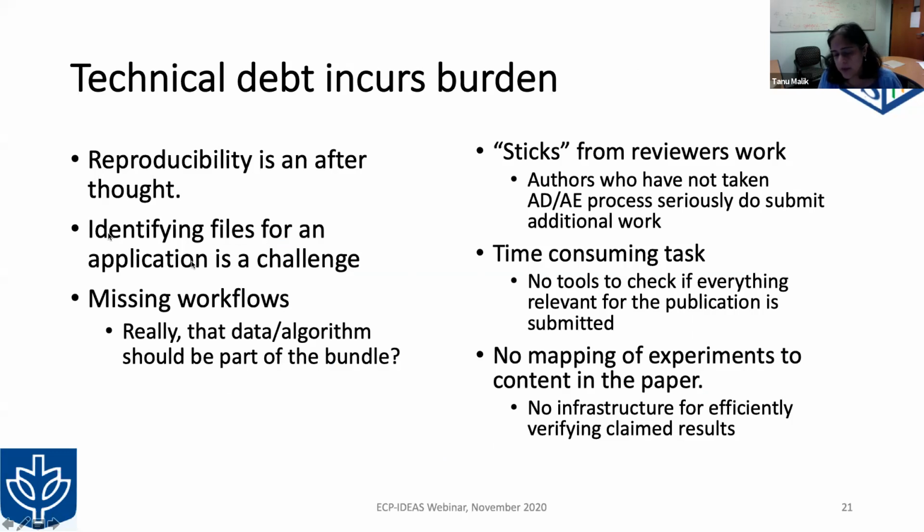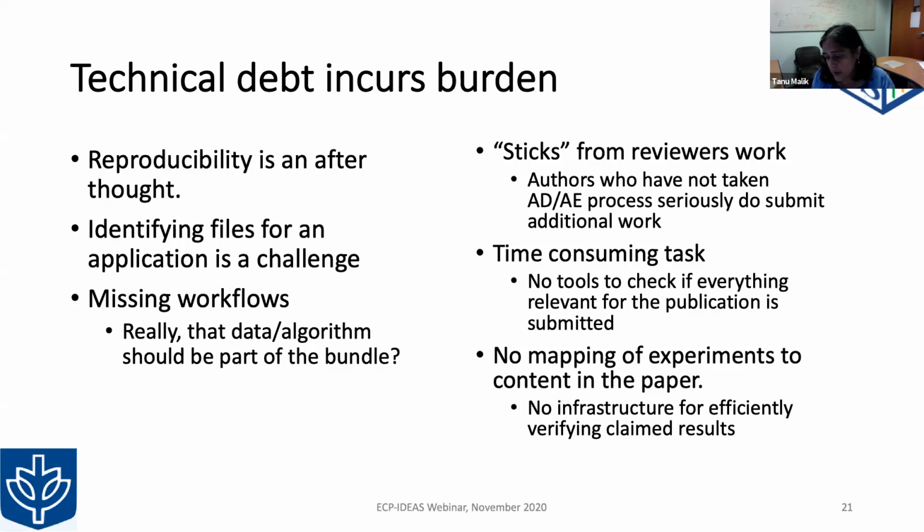What are those files? In many cases, they would miss what exactly consists of an application. They would lose out the data pre-processing steps. How was the data acquired? And how would this particular program lead to the result which is published in the paper? So the entire workflow is not there, even though some of the programs would have been submitted, a Zenodo directory would have been created, a GitHub repository would have been created.